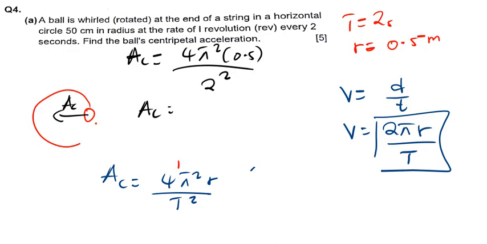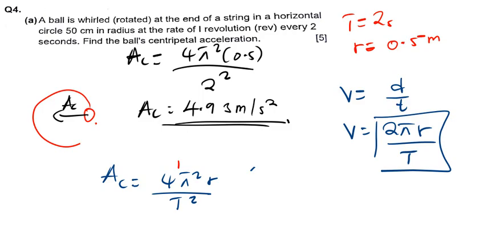I divide this by 2 squared, which is 4. The answer I'm getting is 4.93. If I want, I can say it's 5, but I'll just leave it like that. I'll say it is 4.93 meters per second squared. So the SI unit for centripetal acceleration is meter per second squared.